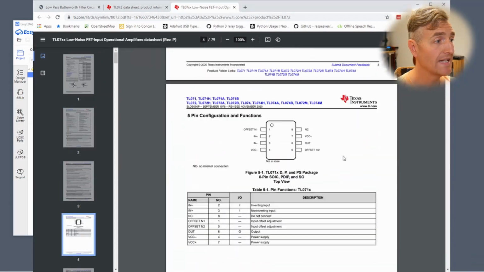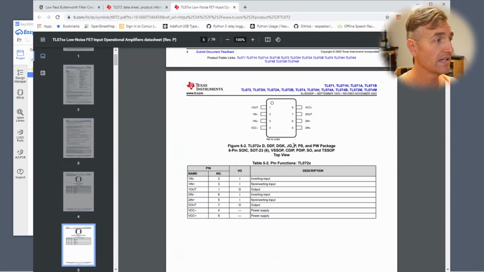But if I go down to my op amp, is this the 7? Yep, this is the 072 right here. I notice that I have VCC plus and VCC minus. And when I wired it up from VCC plus to ground, it did not like my audio input.